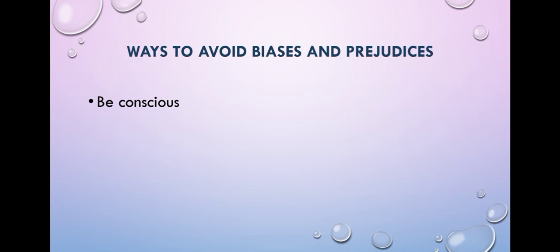Next is to be sensitive to behaviors and practices different from your own. And you have to remember that you are not being pressured to adopt other beliefs, but that you must respect them. You also have to develop friendships with a wide variety of people from different ethnic groups or cultural groups.